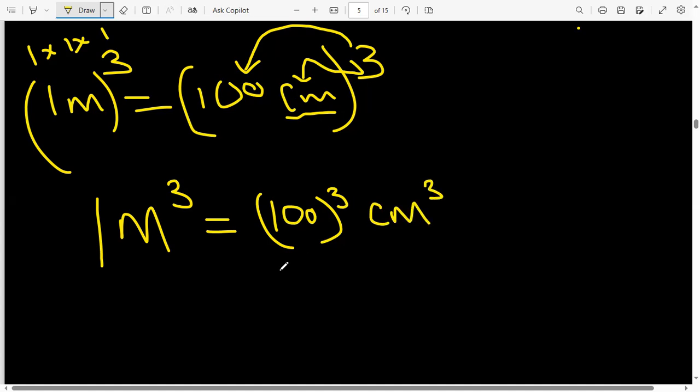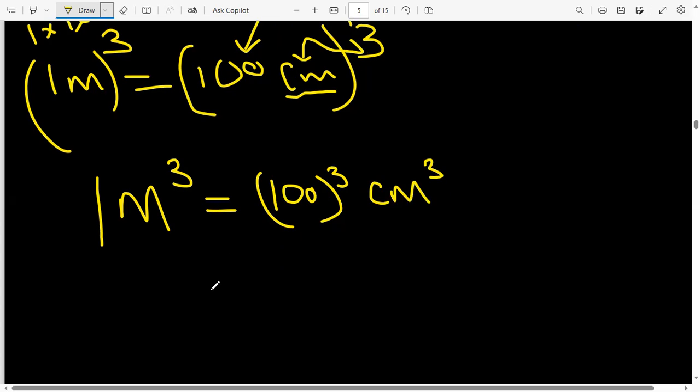So what is 100 to the power 3? Okay, so we are multiplying 100 by itself 3 times. So you can just punch it on your calculator. So 100 multiplied by 100 multiplied by 100. Or you can just do 100 to the power 3. So 100 to the power 3 gives me a million. A million is just 10 to the power 6.